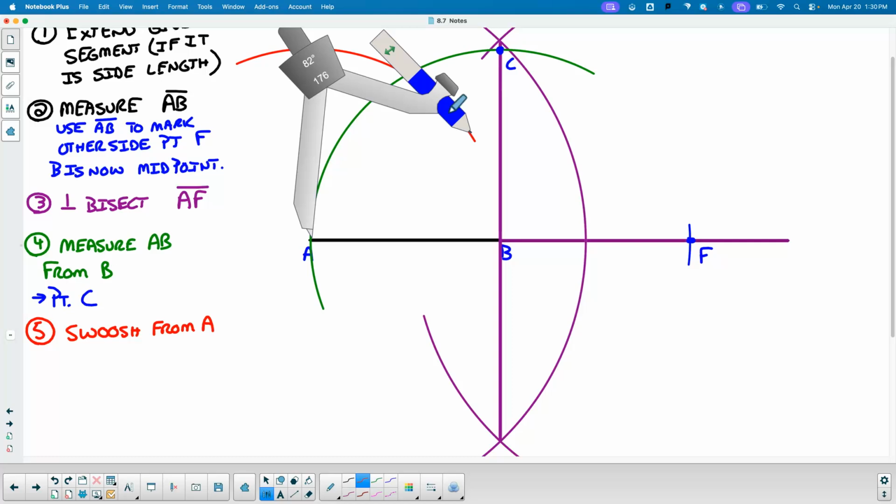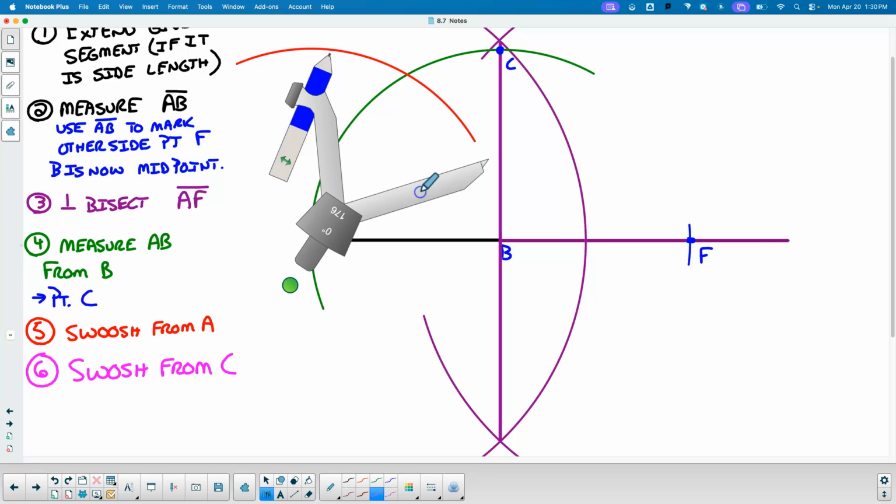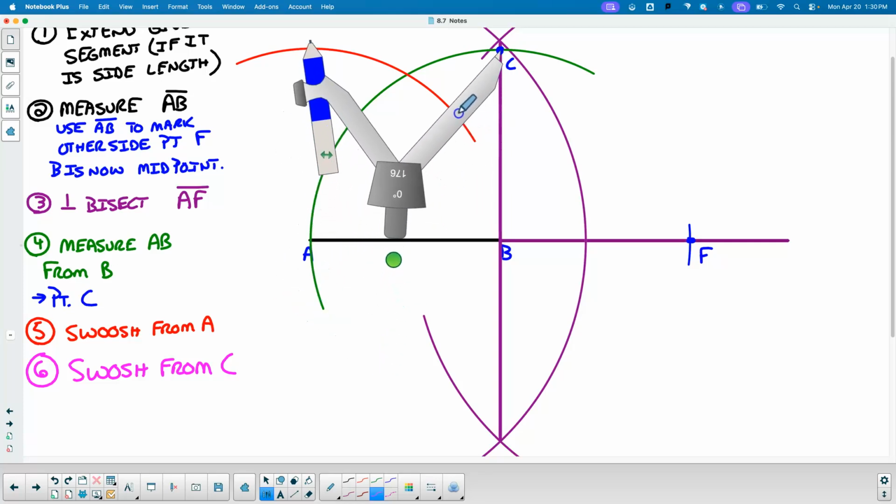Next, go to point C. Luckily, you don't have to change the distance of any of these because they're all the same.